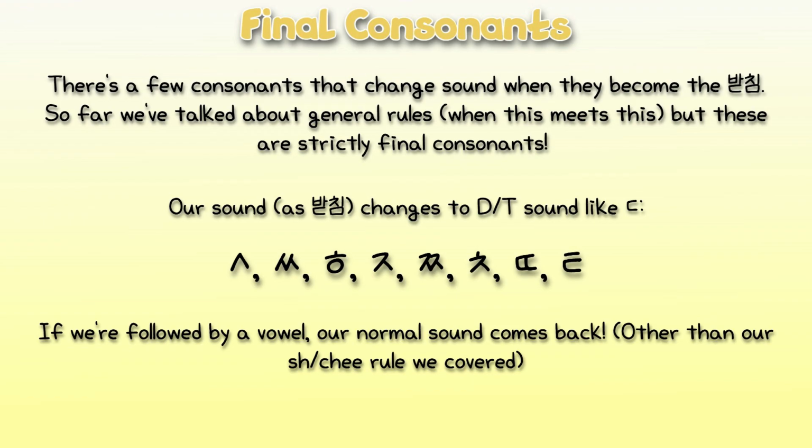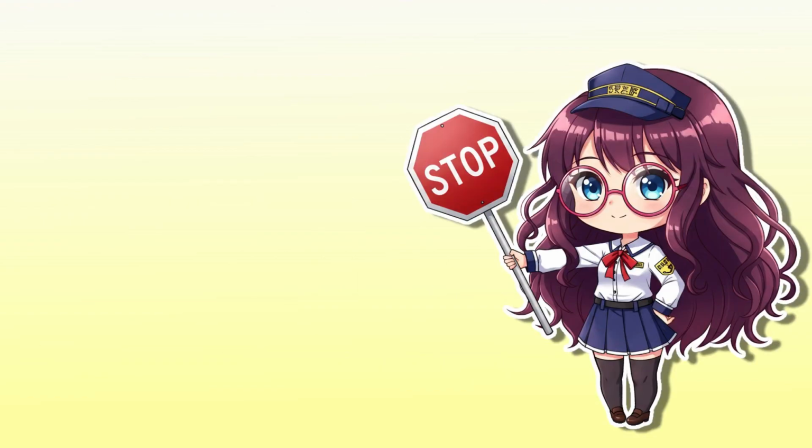Also, remember, it's only considered padchim if the final consonant in the word is not followed by a vowel. These consonant sounds would be absolutely normal if they were followed by a vowel. Hard stop. So I know this might sound a bit counterproductive to what I've just said, but when we learned about tieut meaning t and siot meaning s, those are exceptions because they do change their sounds to shi and chi.